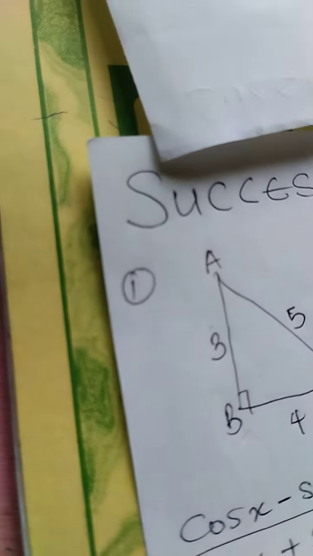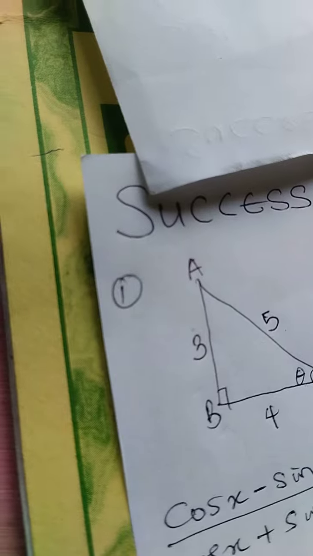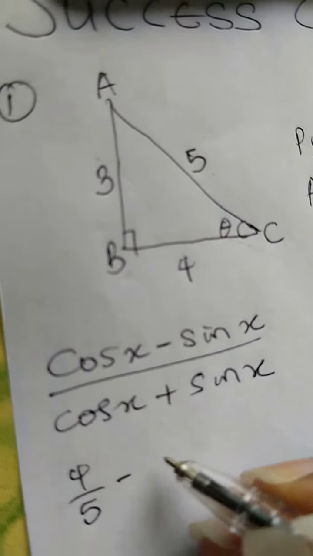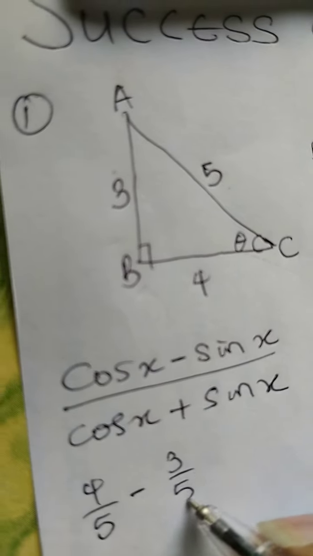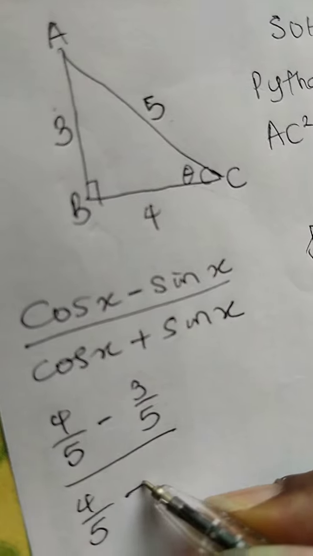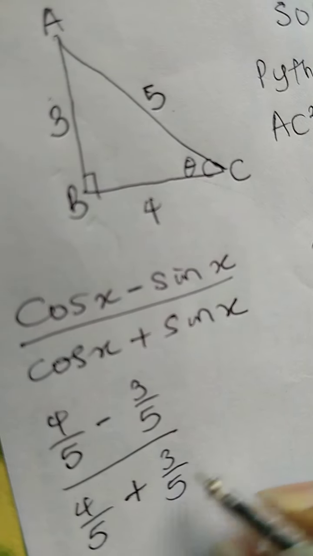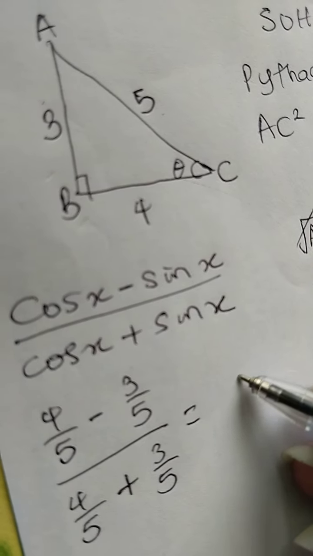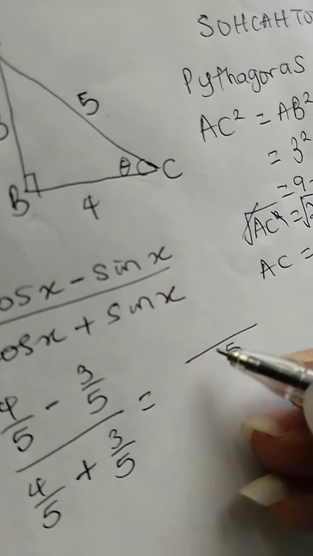So in order to go on with this, we have 4/5 minus 3/5 over 4/5 plus 3/5. So we have a fraction, so we'll look for the LCM. LCM here is 5.